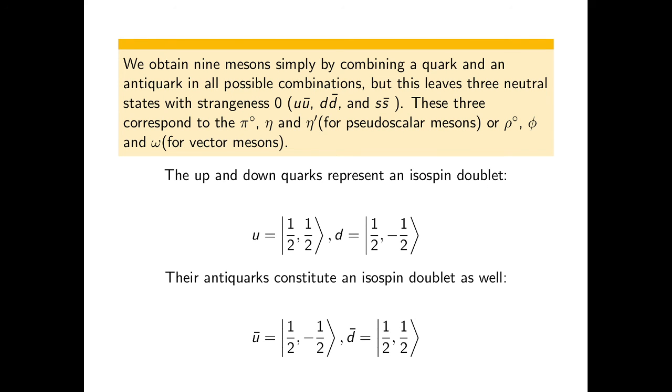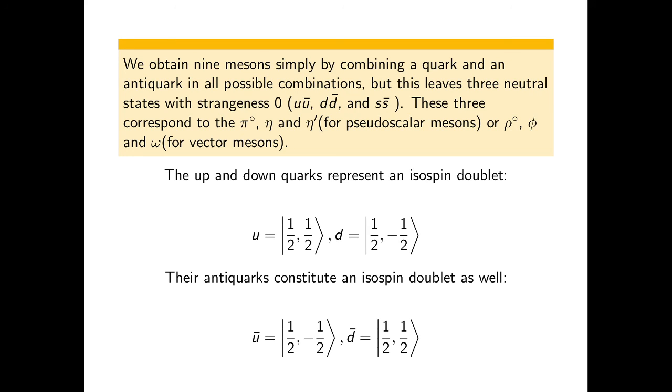Okay, we get 9 states just by combining a quark and antiquark in all possible combinations, but we have 3 neutral states that have strangeness 0. These are pi naught, eta, and eta dash for pseudoscalar mesons, and rho naught, phi, and omega for vector mesons.